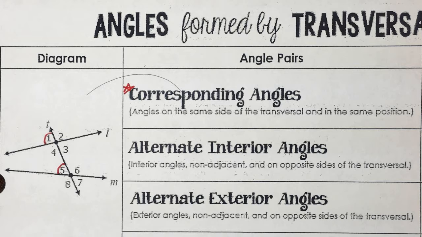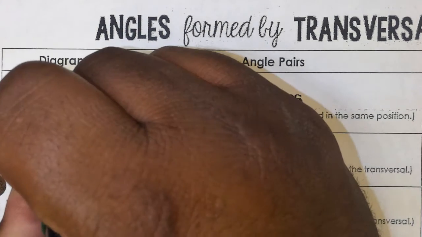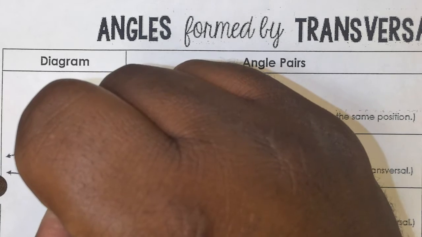And then they get more specific when they tell you alternate interior. Alternate meaning they're on opposite sides of the transversal. And then they're non-adjacent. So inside and on opposite sides of the transversal. Non-adjacent. Alternate interior angles in this case would be angle 4 and angle 6. Alternate interior angles.